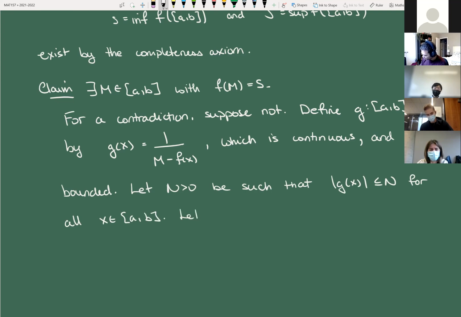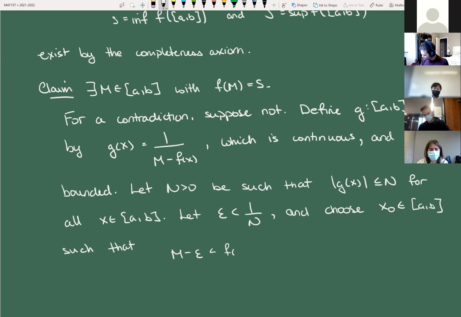Then I'm going to say let epsilon be less than 1 over n, and choose x naught in [a,b] such that m minus epsilon is less than f of x naught is less than or equal to m, right? Because m is the supremum, I can do that.